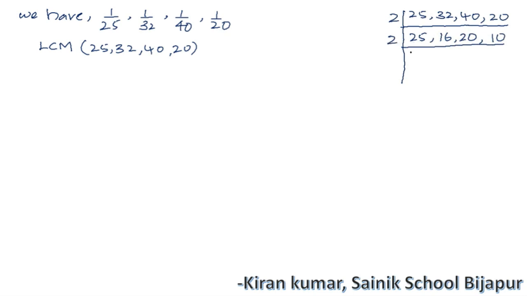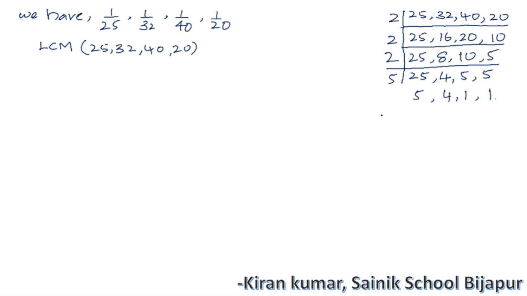Further, I'll divide by 2: 25 written as it is, 8, 10 and 5. One more time, I'll divide by 2. We get 25, 4, 5, 5 written as it is. Now 2 more 2's can be considered. Let me divide by 5: 5, 4, 1 and 1.